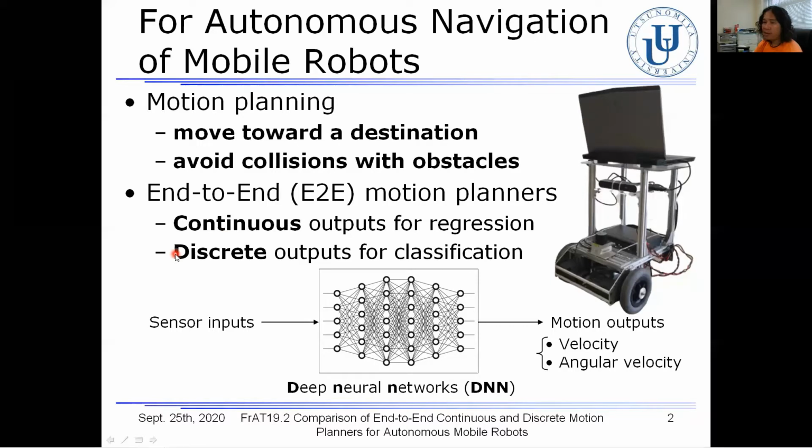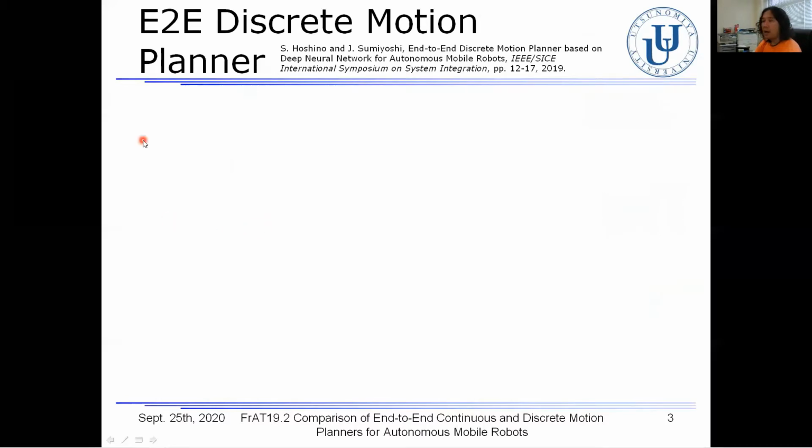And for a classification problem, the E2E motion planner that determines the discrete values of the velocity and angular velocity is used. Actually, many of the researchers have focused on the E2E continuous motion planners rather than the discrete motion planners. On the other hand, we have actually so far proposed a discrete motion planner based on the deep neural network.